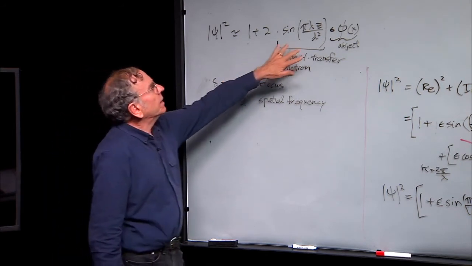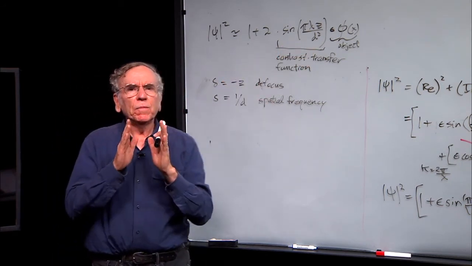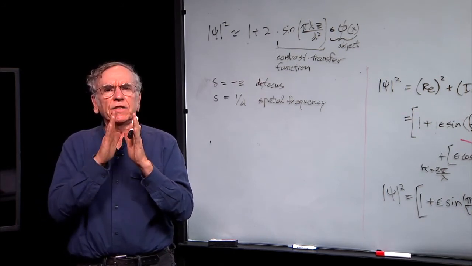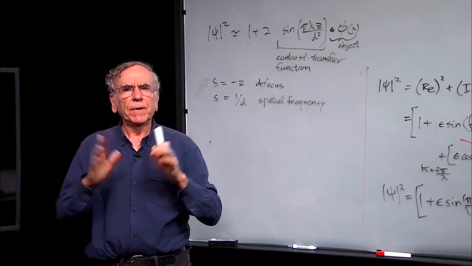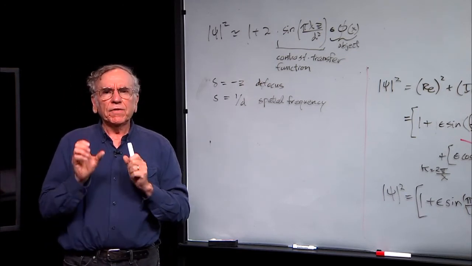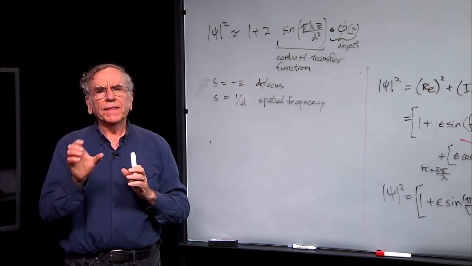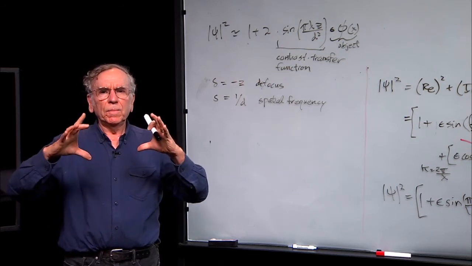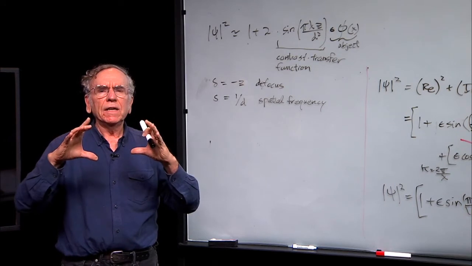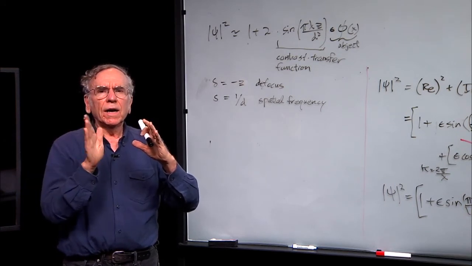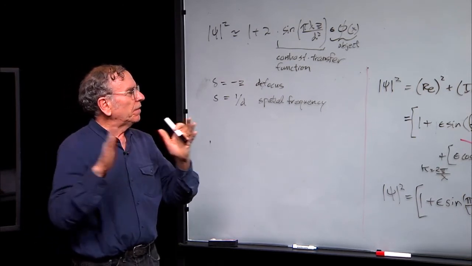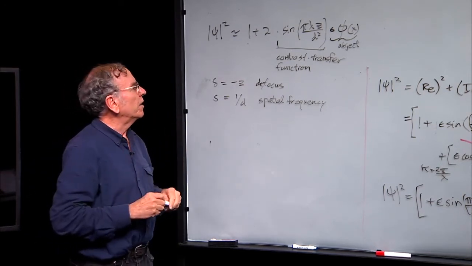Now, the reason that this is a big deal is that, remember, we derived this contrast transfer function for an object that is just a grating with a particular periodicity. But when we learn about Fourier transforms, we'll know already that any kind of two-dimensional pattern, any kind of two-dimensional density can be decomposed into a large number of gratings of different periodicities and at different orientations.